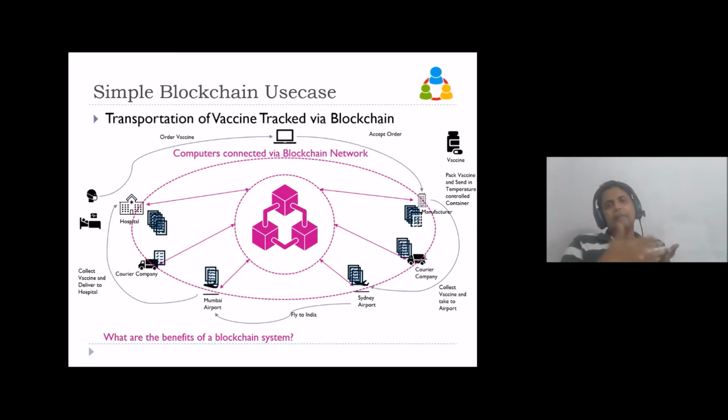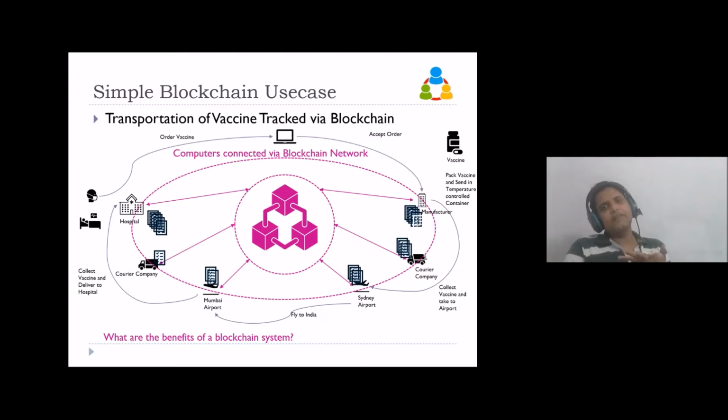So there will be multiple levels of information stored on different blocks of data. And once a block is created, that block will be replicated on all the computers, and a manufacturer cannot go and modify block number 100.